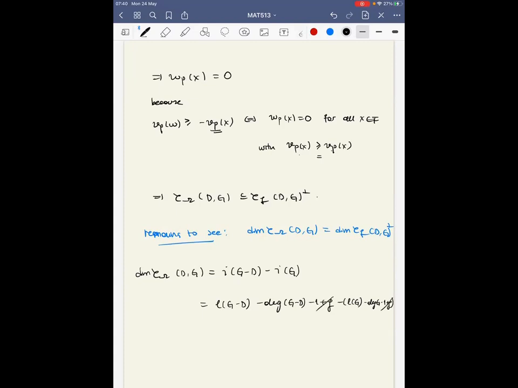And with these cancellations, we can see that this integer indeed gives us also the dimension of the dual code of CL of D and G.